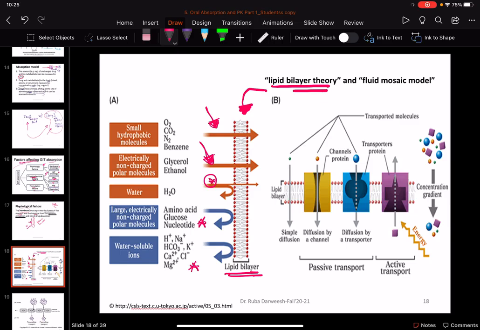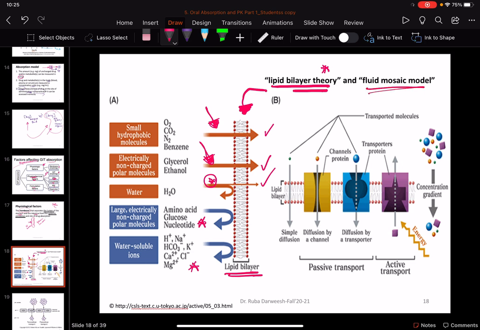Okay, this is the lipid bilayer theory. But we know, according to the studies, that there is some material that may go through the membranes even if they are not from those groups.